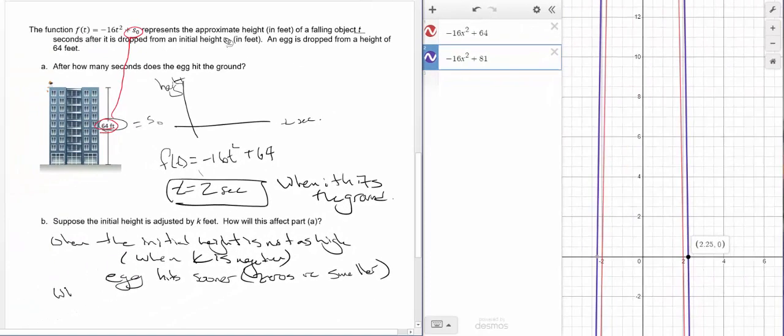So when k is positive, it takes longer to hit the ground. That should make sense because the egg starts higher up when k is positive, because k is how much we're adding to the height.